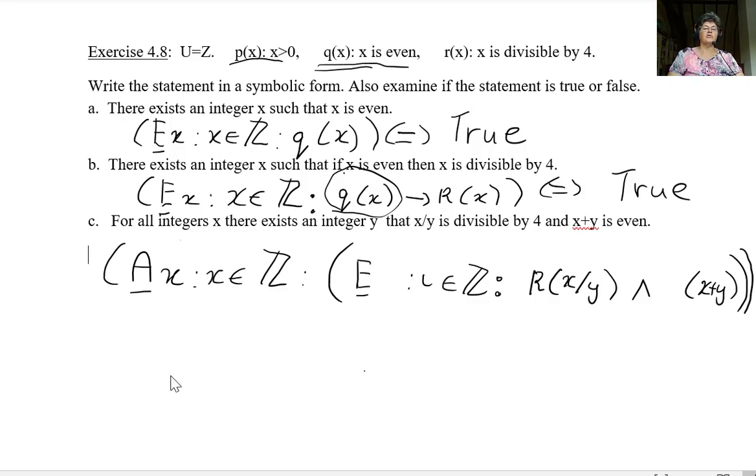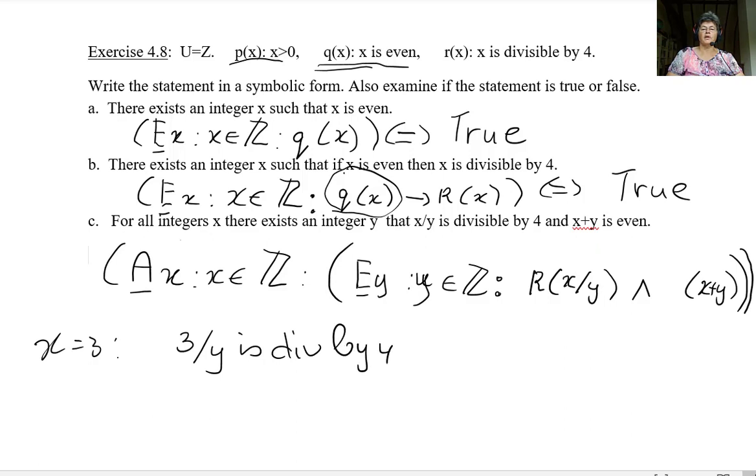So for instance, if I would take x being 3, then I need to find a y in such a way, and this y is coming from the domain Z, in such a way that 3 divided by y is divisible by 4, and that x plus y, so 3 plus y, is even.